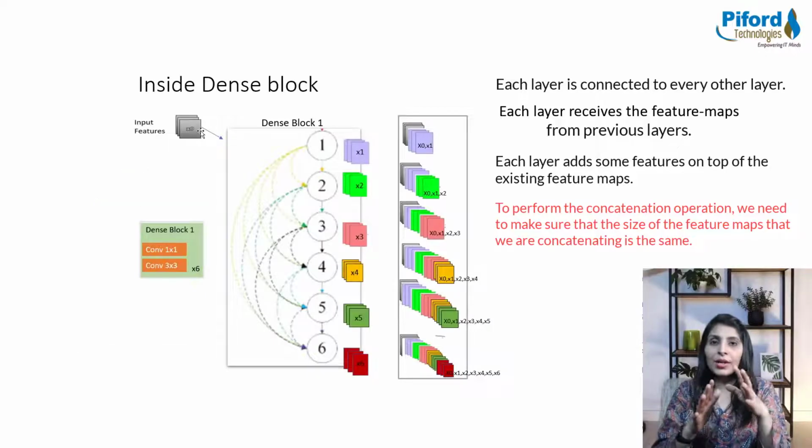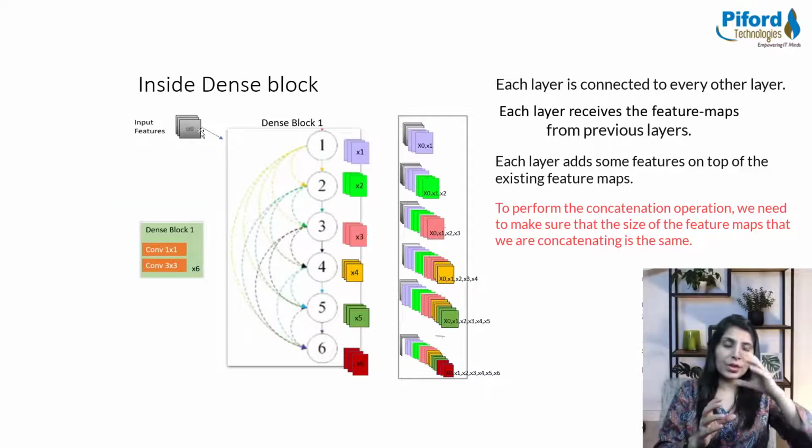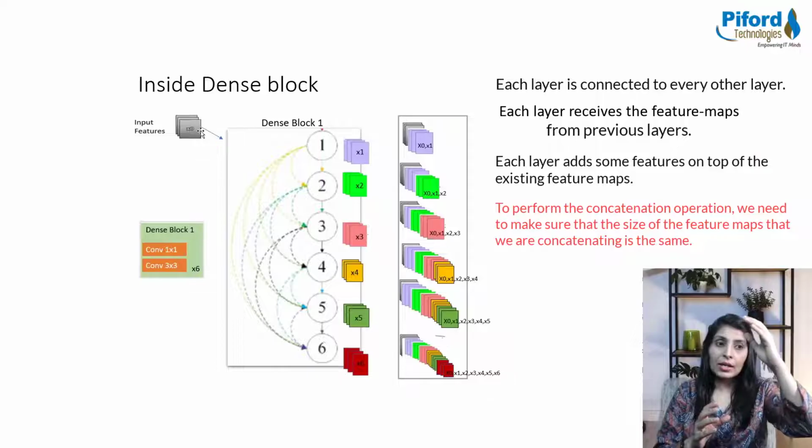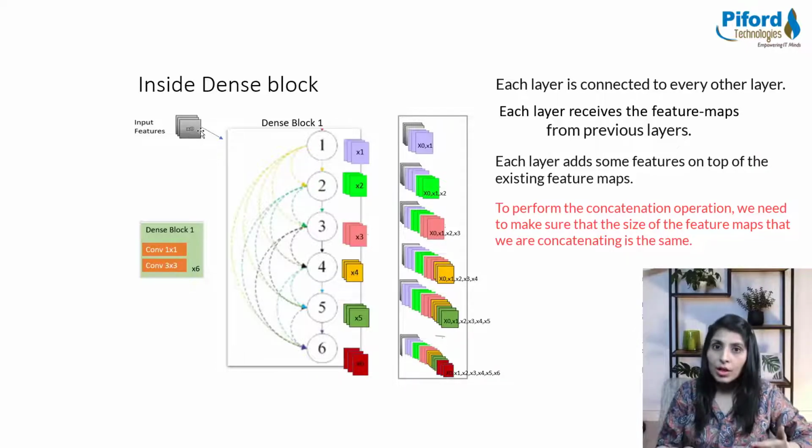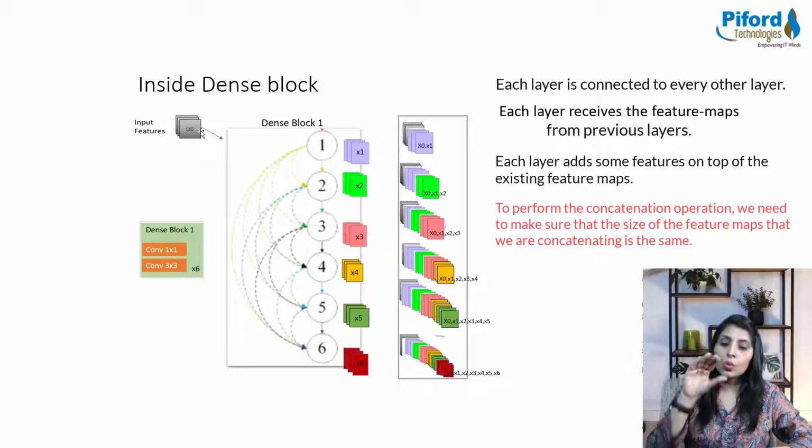Getting my point? If we perform downsampling, which is the important part of a convolutional neural network, then the size of the feature map will change. But for concatenation, the rule is that all the feature maps should be of the same shape, and only then can you concatenate them.